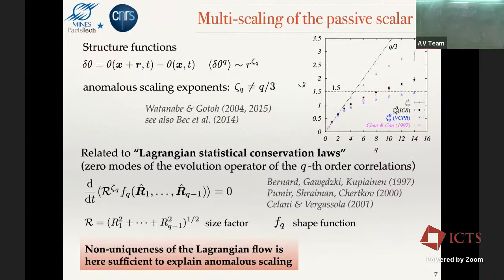Remember. So basically, for this model, you can solve it. You can solve any correlation of theta. You can write it as a solution to a kind of Fokker-Planck equation. And then what you can show is that you have operators which are propagating nth order correlations.